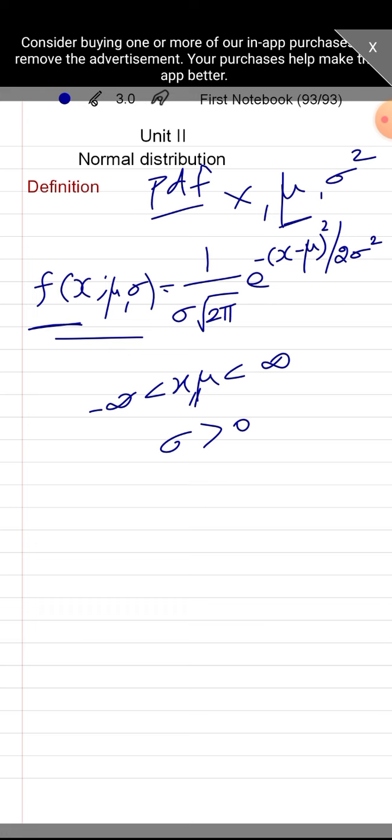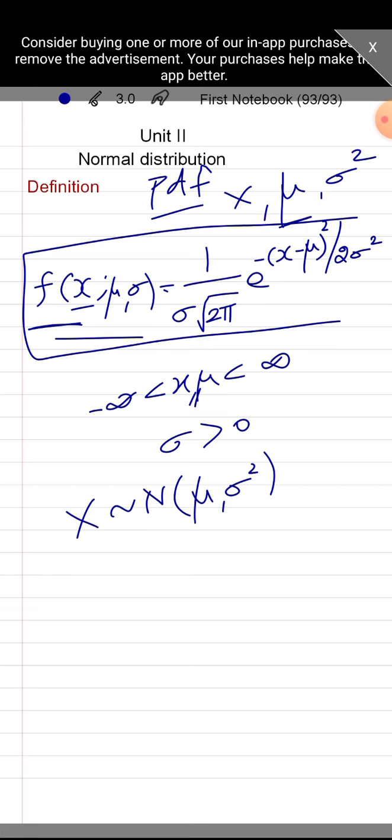Sigma is greater than 0. Okay, so when the random variable x follows the normal distribution, then it can be expressed as x follows normal distribution mu comma sigma square, with the parameters mu comma sigma square. So this is the probability density function of normal distribution.